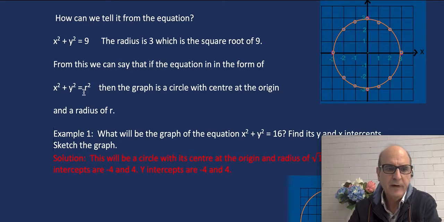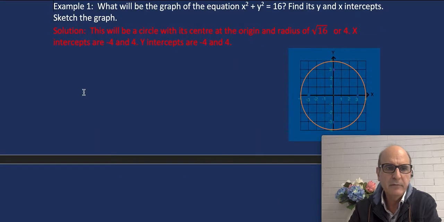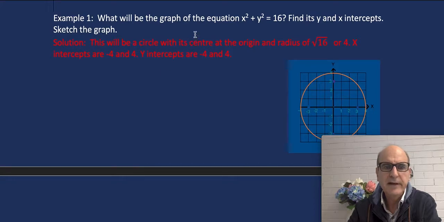Okay, now example 1: what will be the graph of the equation x squared plus y squared equal to 16? Find its y and x intercepts and sketch the graph.